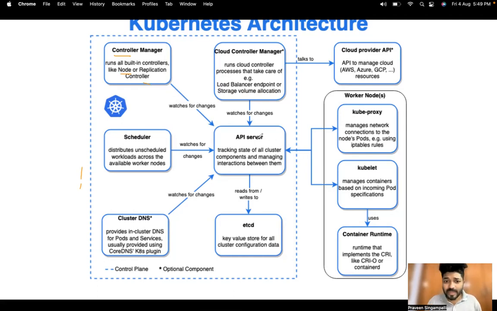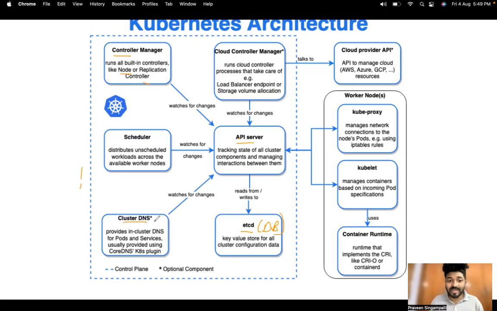The API server is our input to the Kubernetes cluster, tracking the state of all cluster components and managing interactions between them. The scheduler distributes unscheduled workloads across the available worker nodes. So everything is watching at your API server only. And etcd, we have already discussed, is the database, reads and writes from the database, two-way changes.